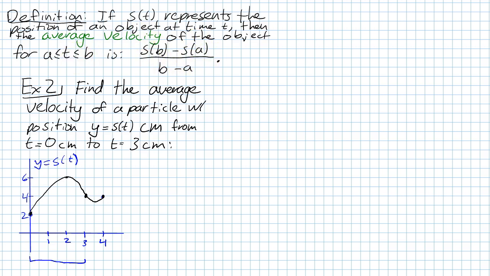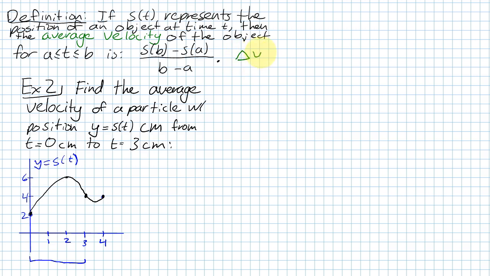Now, let's think about this formula for a second. Why does it make sense? Well, the way we talked about average velocity briefly back in the beginning of the class with the bonus section 0, average velocity usually represents a change in distance divided by a change in time.